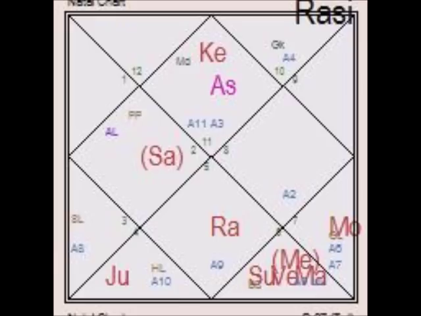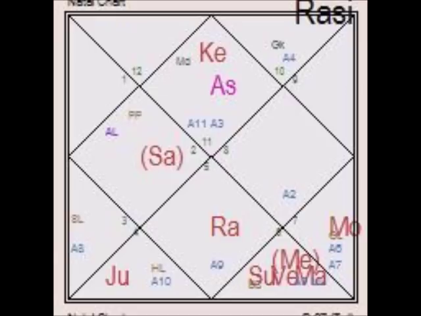And why these lagnas are important is because as per the shlokas or the sutras which will be forthcoming, there will be a reference to these lagnas. There could be a shloka which says that a planet sitting from a special lagna, say for example a Ghati lagna, will give this kind of result, or a planet sitting from Shri Lagna or Pranapada Lagna will give this kind of effect.